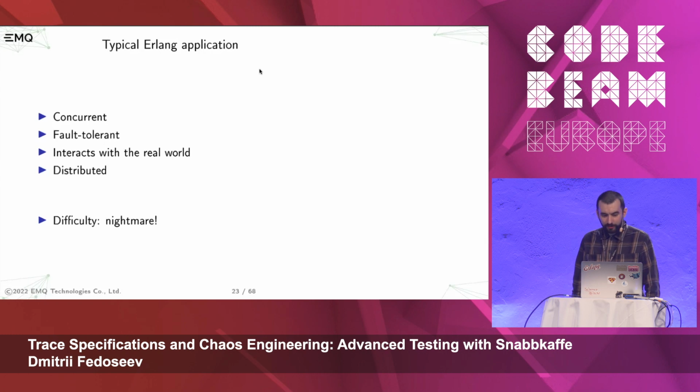Now let's take a look at a typical Erlang application assembled together. It is concurrent, it is fault-tolerant, it interacts with the real world, it is distributed, so it interacts with the network. So the difficulty level is nightmare.